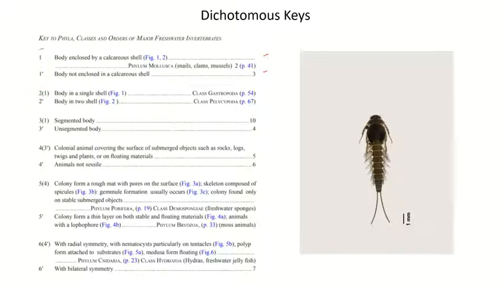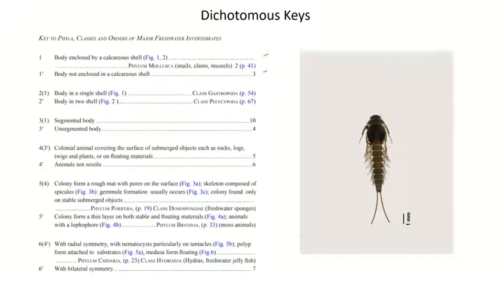The first lead says body enclosed by a calcareous shell. Now, read the second lead. It says body not enclosed in a calcareous shell. They have to be contrasting and they have to match. There should be no additional statement in the second lead that's not found in the first lead. So that's a sign of a good dichotomous key.